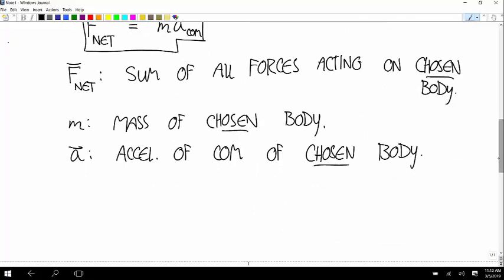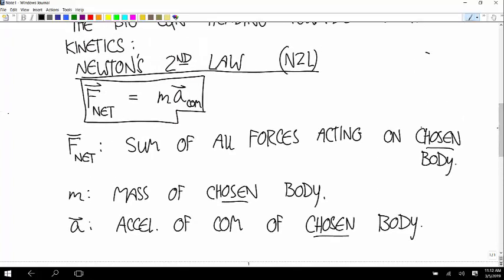Let me say one more thing about this. In order to do the math here, we're going to have a force vector and an acceleration vector, and we can't represent those vectors as components and do math with them until we choose a coordinate system. That's always true of vector components.